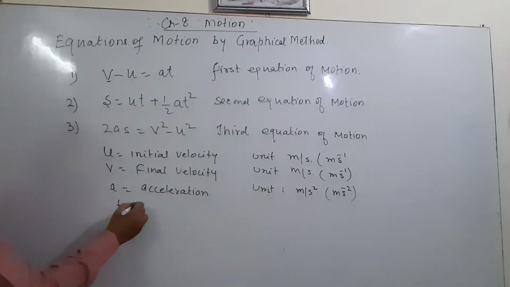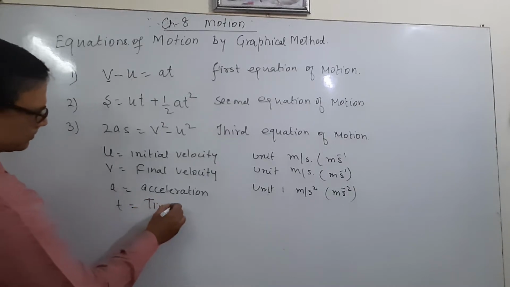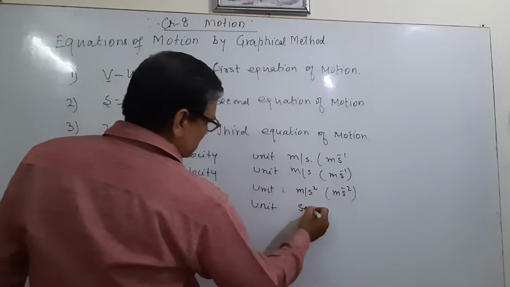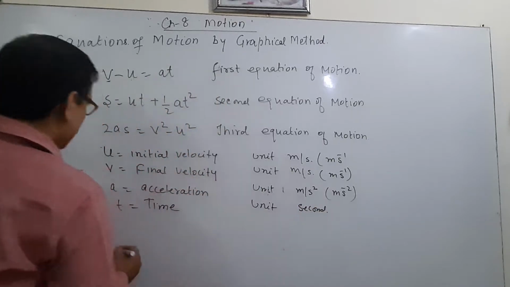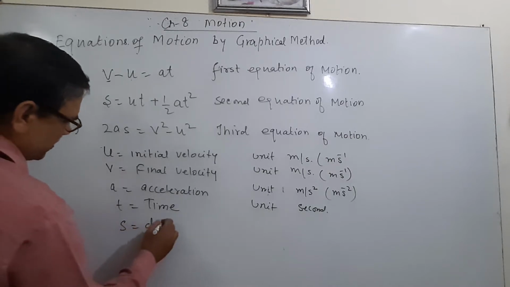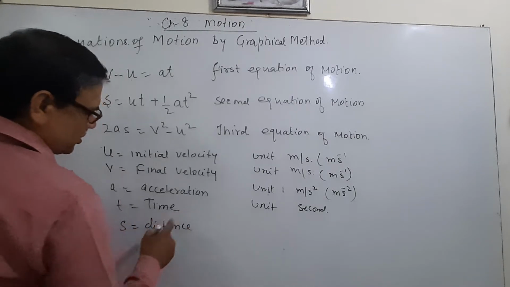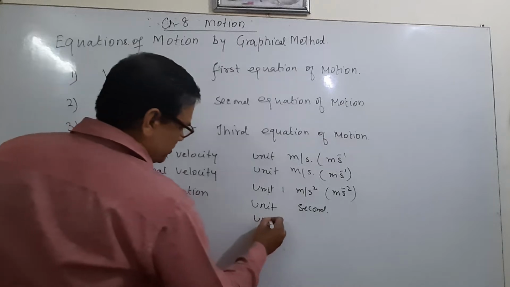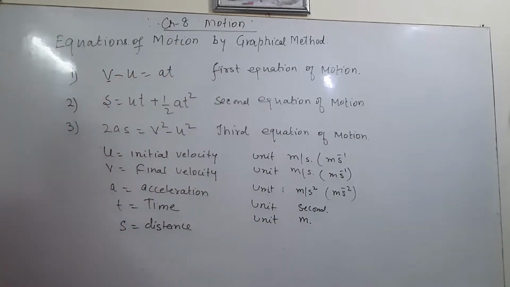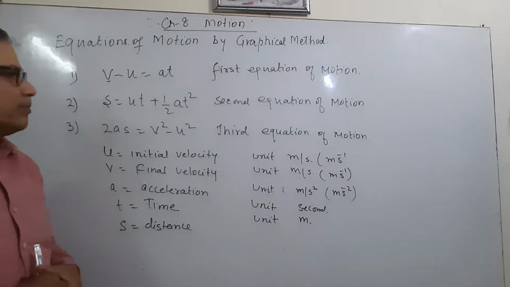Whereas t is the time, unit is second, and s is distance or displacement, unit is meter. These are the units and symbols which we will use to verify these equations by the graphical method.